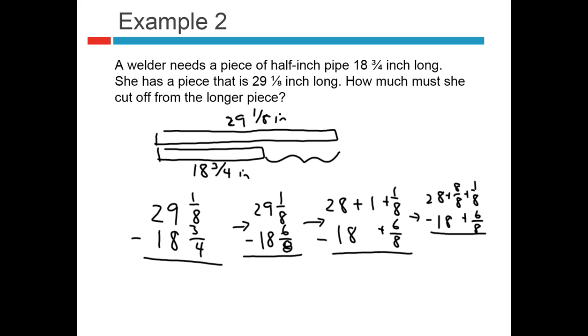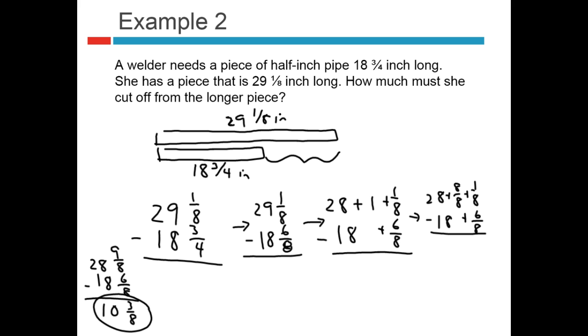So 28 9/8 minus 18 6/8 gives us 10 3/8. And so that is the amount of pipe that will need to be cut off from the longer piece.